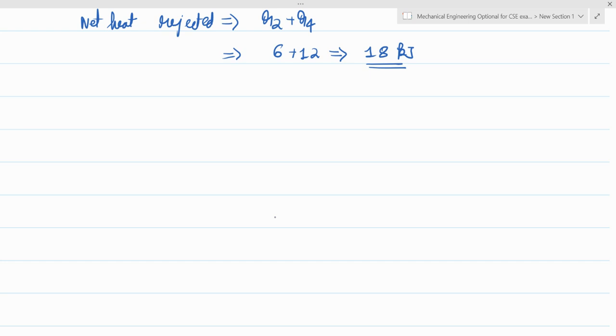Because the refrigerating effect should be equal to the value of Q3, and that is equal to 8, and the COP is equal to 2. So COP is equal to 2 and Q3 is given to be 8. So we get the net refrigerating effect here as 16 kilojoules.